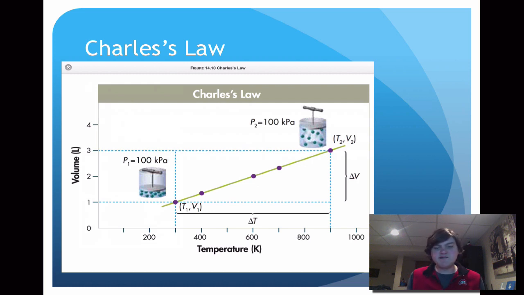If you plot lots of points in the range of normal temperatures that we can experience or create in labs, and you follow that linear equation to where it equals 0 for temperature, we find that it's roughly negative 273 Celsius, or 0 on the Kelvin scale. But from this graph, we can see that as temperature increases, so does volume, and it's at a constant rate. And as volume increases, so does temperature. So this is just a positive slope linear line.